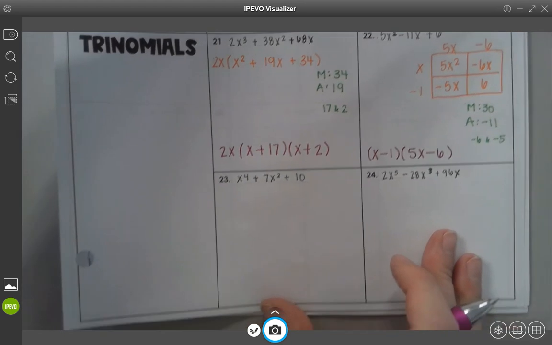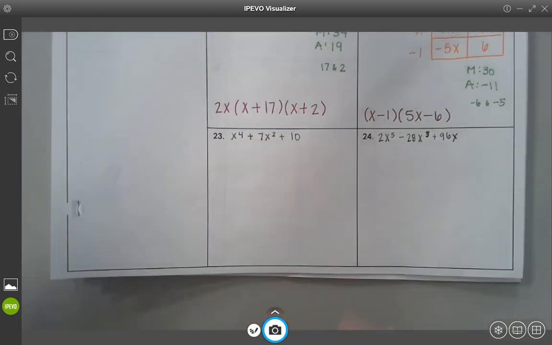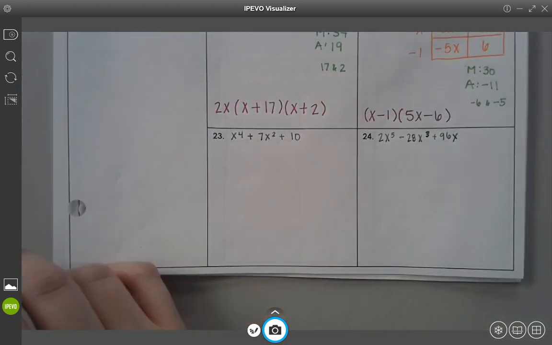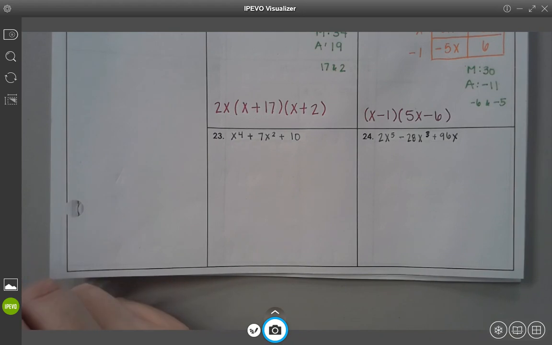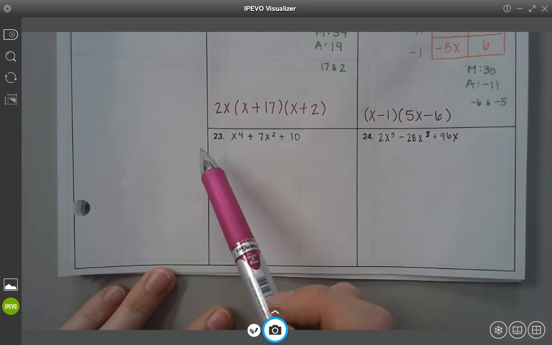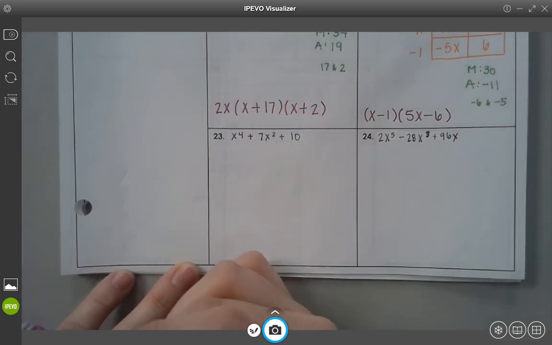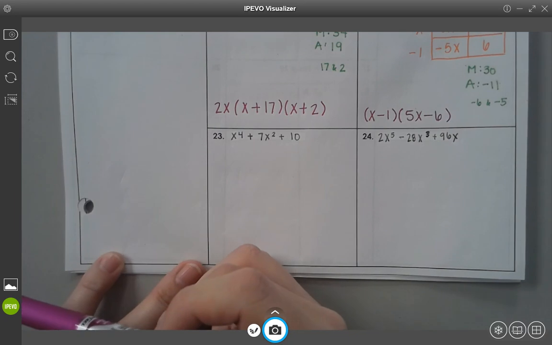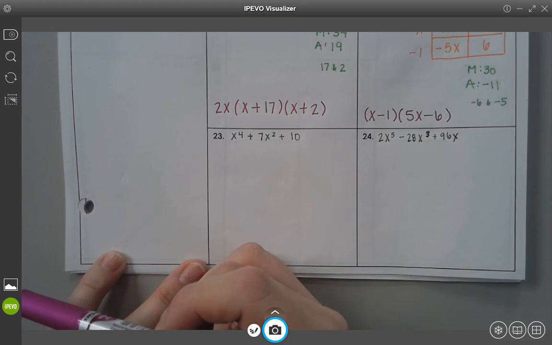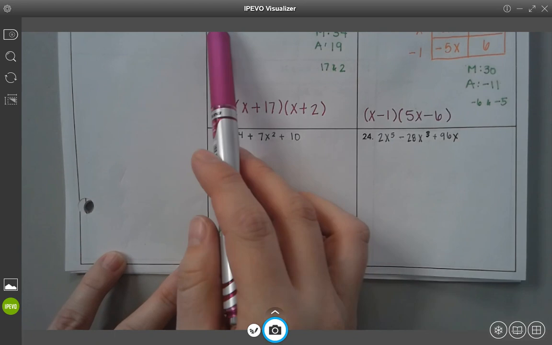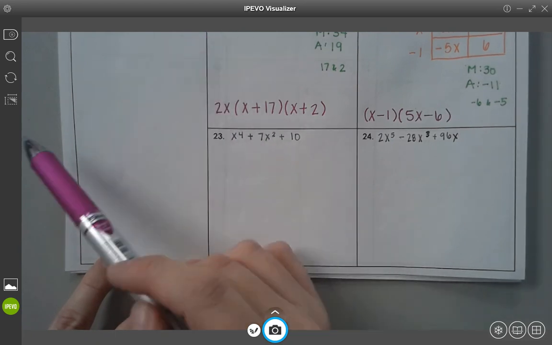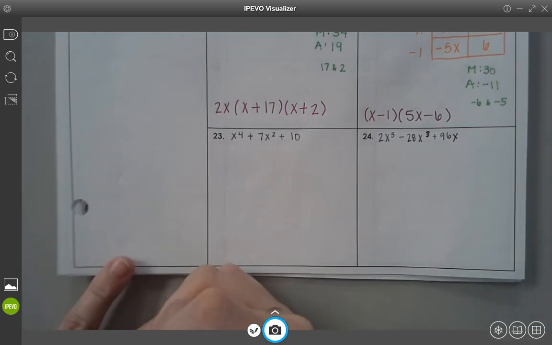Number 23. What is different about that question? There's no number in front of the x. True. What's different about it than number 21? Because on 21, after we did GCF, there was no number in front of the x squared.